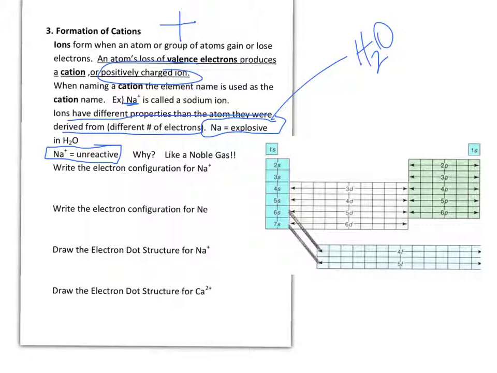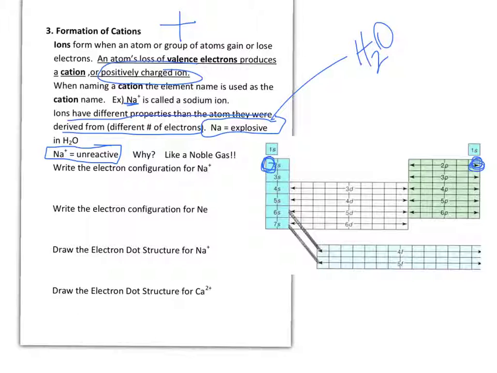gas. So if we look at writing the electron configuration, on the periodic table, we have sodium right here, and neon right here.